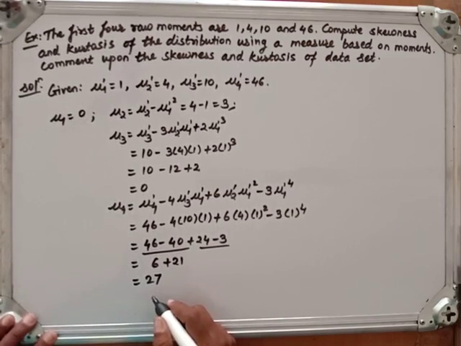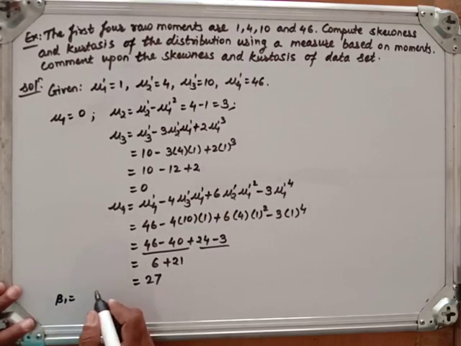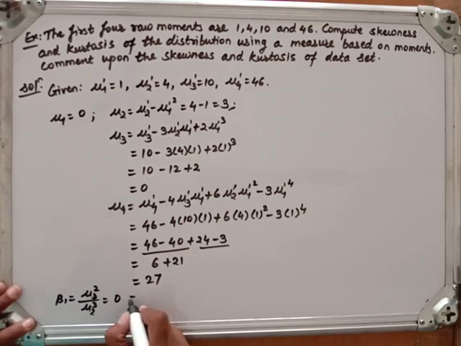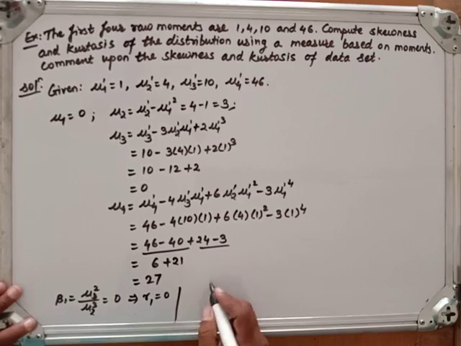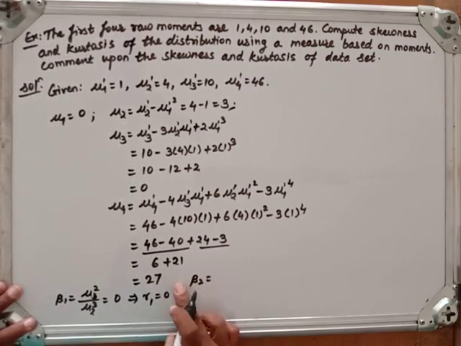Now beta 1. Let us find out beta 1. Beta 1 is mu3 square upon mu2 cube. That is 0, since mu3 is 0. Therefore this gives gamma 1 is also 0. Okay. Now what about beta 2?